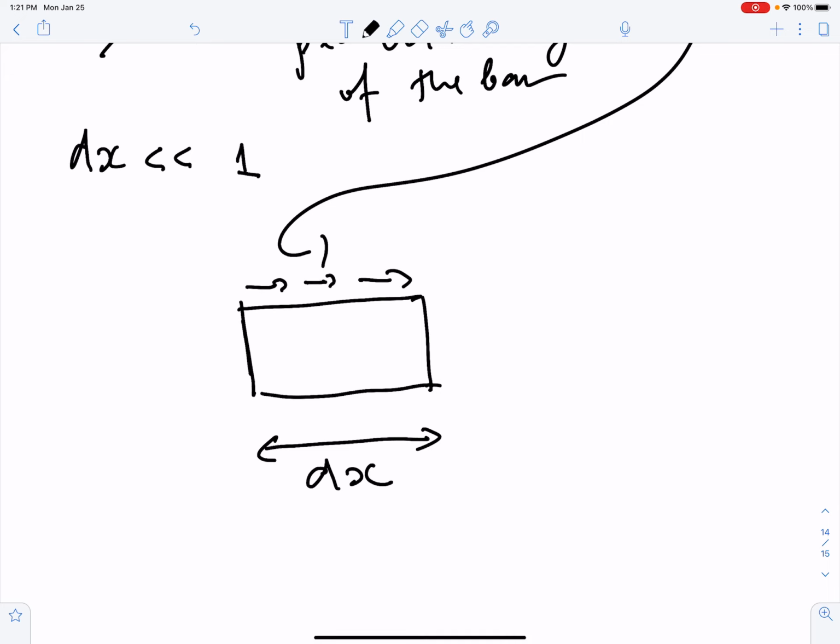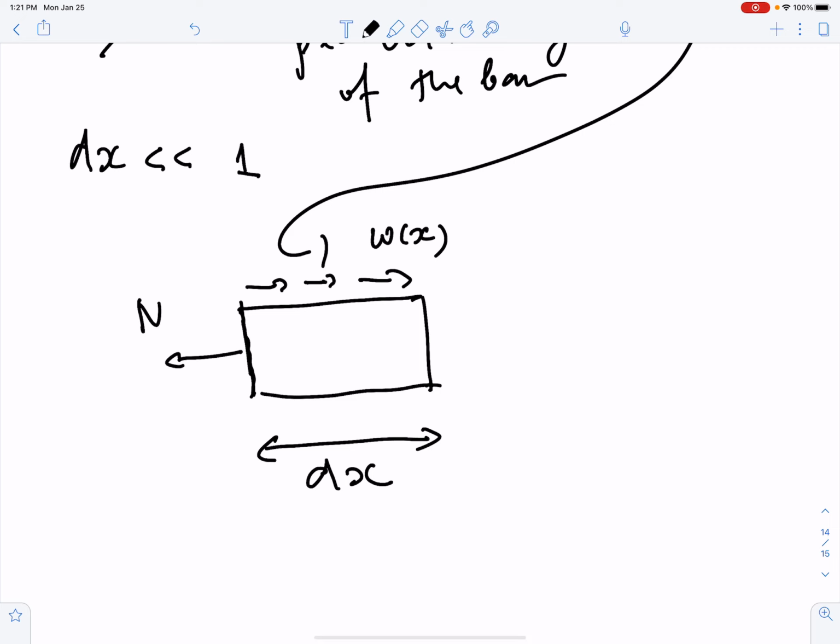I'm going to have some distributed load acting on it, W of x, right? And we're going to cut out this piece from the middle of the bar, right? So as a result, there will be a force on the cross section, okay? The orientation of the force is always in the direction of the normal vector to the cross section.